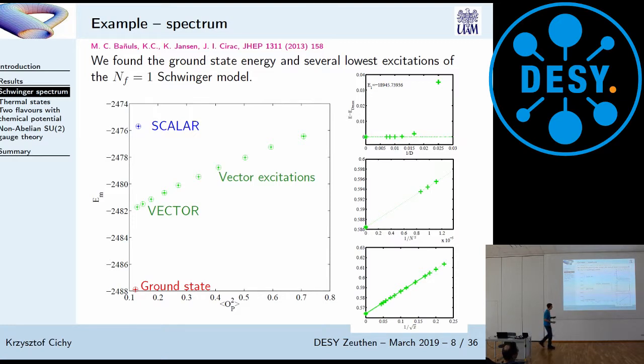This variable here, 1 over square root of x, plays the role of the lattice spacing. And you see this is linear in the lattice spacing with some corrections. Here, I think we did quadratic as far as I remember. So we have results with very good precision, and therefore we are sensitive to corrections like order a squared or even higher order corrections, as you will see in a moment.